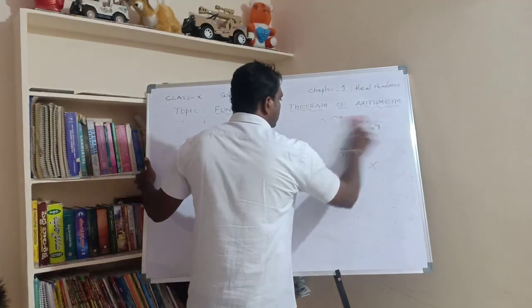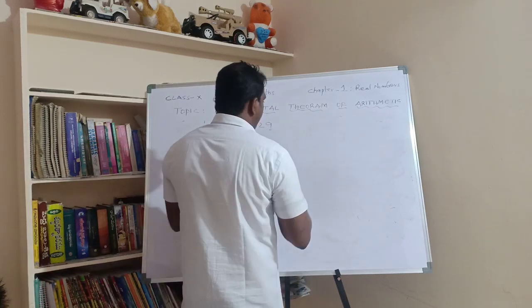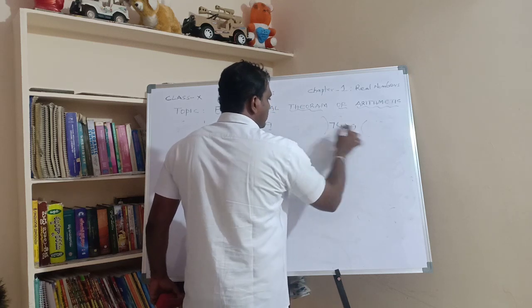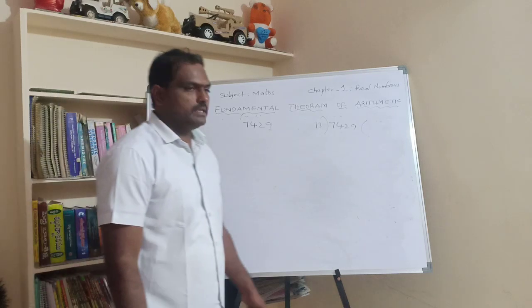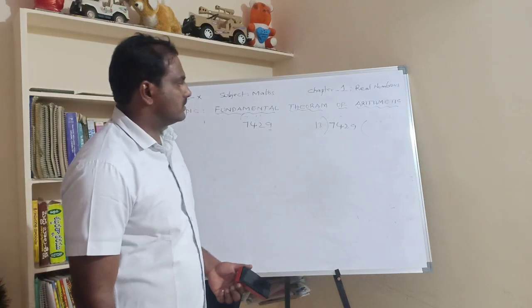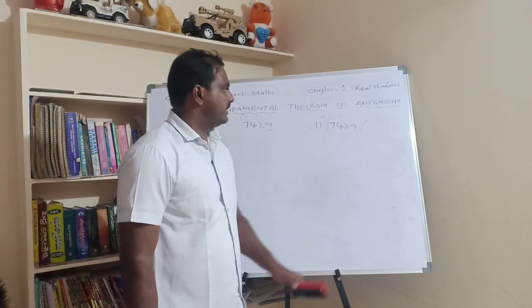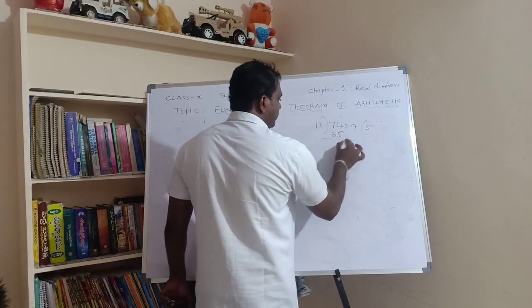Then next check with 13. 7429 divided with 13. 13 1s 13, 13 2s 26, 13 3s 39, 13 4s 52, 13 5s 65.